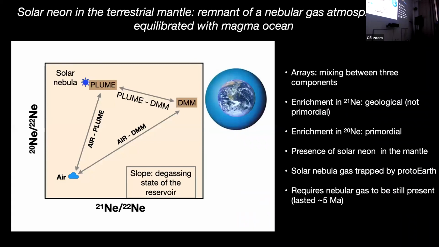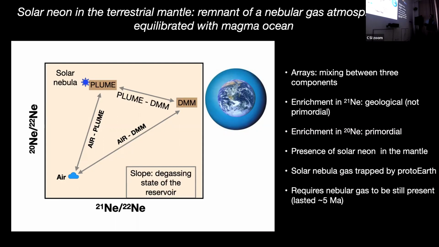Now this is a synthetic diagram, the same one. If you look at neon 20 to 22, there is no process that can produce neon 20. So going up in this diagram means that you have to mix with something that is rich in neon 20 compared to Earth. And in fact, it is the solar nebula.